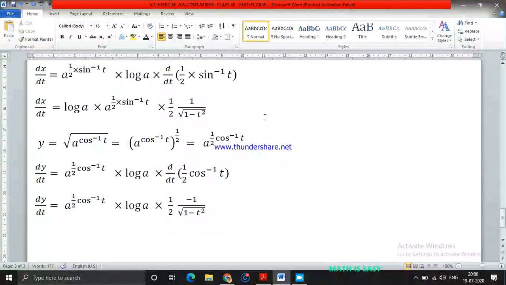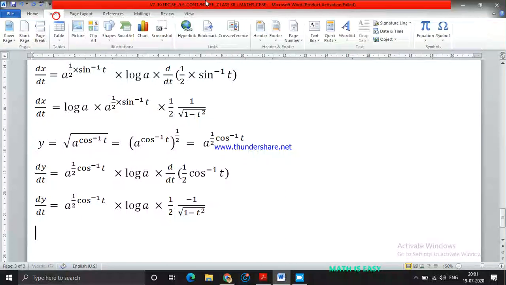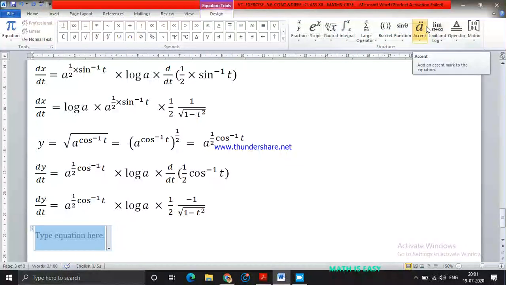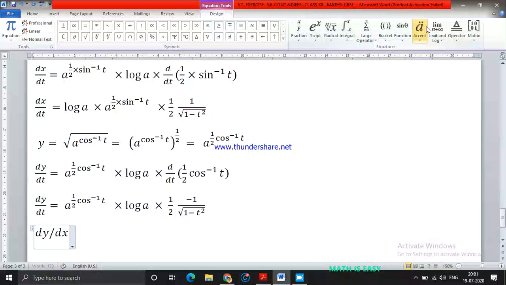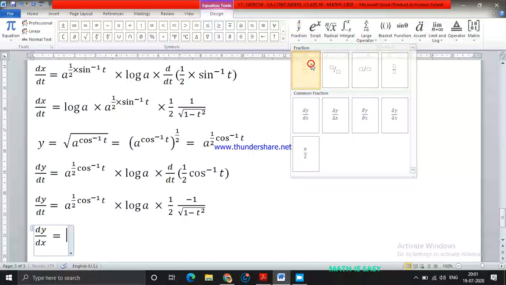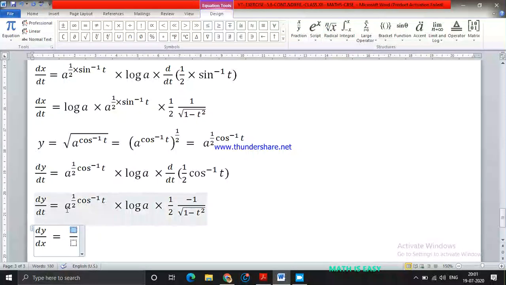Okay, so I got dy by dt, I got dx by dt. So finally you have to find dy upon dx equals to, so I am skipping the step, dy by dt upon dx by dt. So you can substitute them directly here.